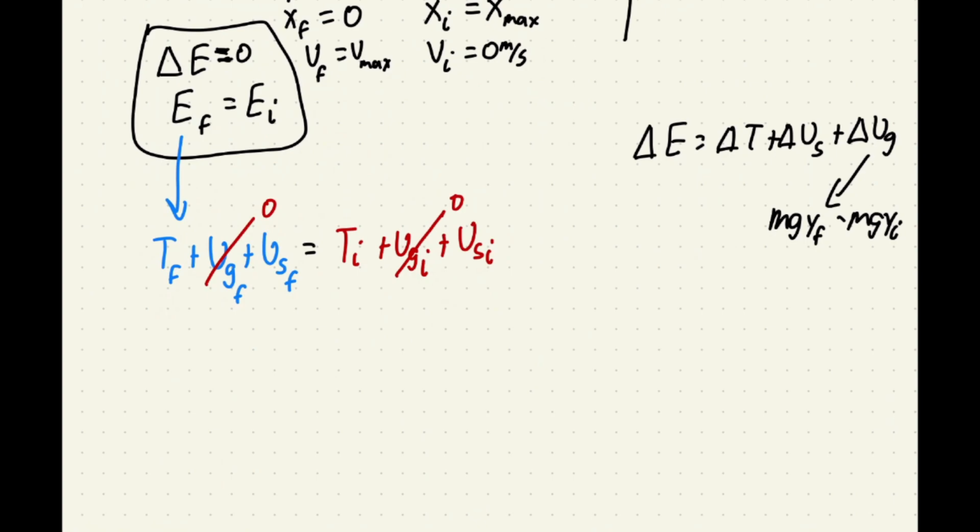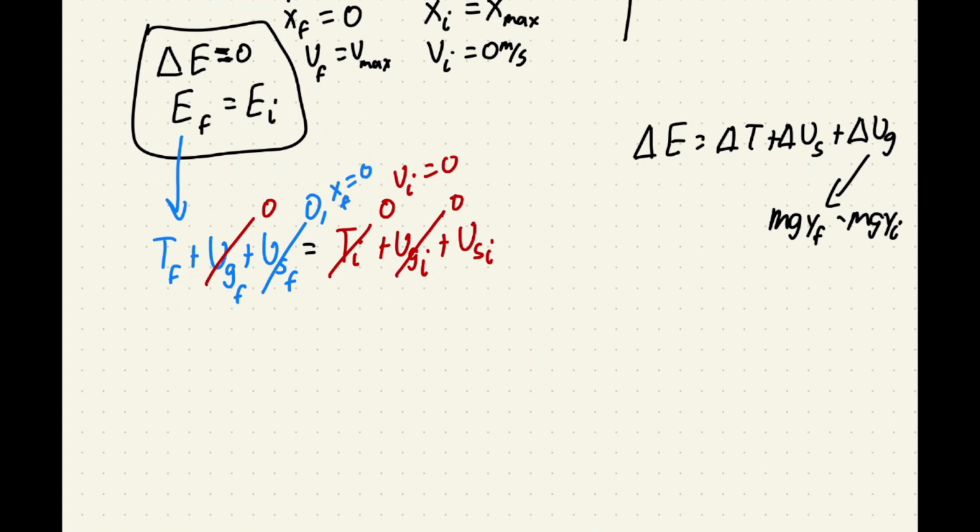But then our T initial, if we're going to release this thing from rest, is also going to be 0 because our velocity initial is 0. And there's one more thing that would go to 0, and that's our spring energy. That's going to be 0 because x final is 0.